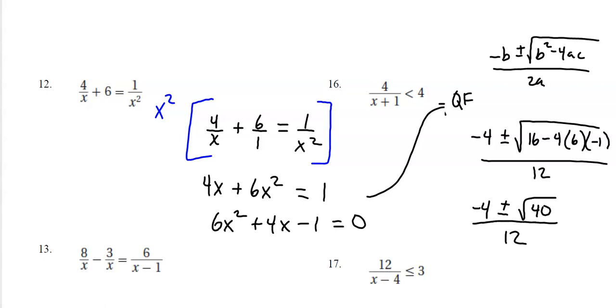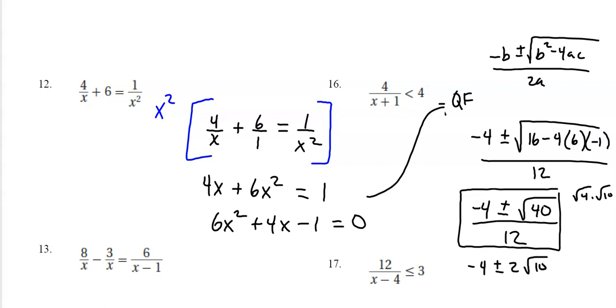You know, I'd probably let you get away with that, although it can be simplified down. There's a perfect square of 4 hidden in here. So this could really be negative 4 plus or minus the square root of 40, which is the square root of 4 times the square root of 10, which would be 2 radical 10, all over 12. And then there's a 2 to kill out of all those whole numbers.